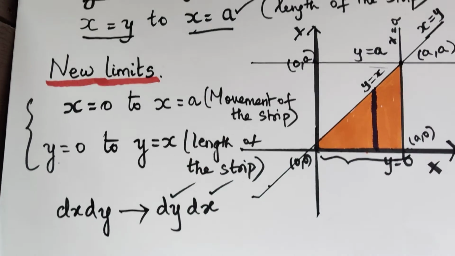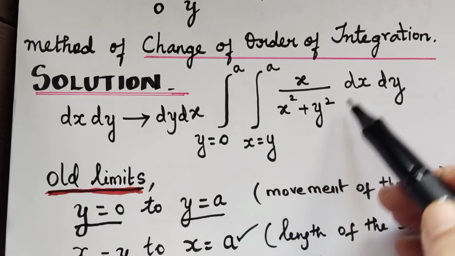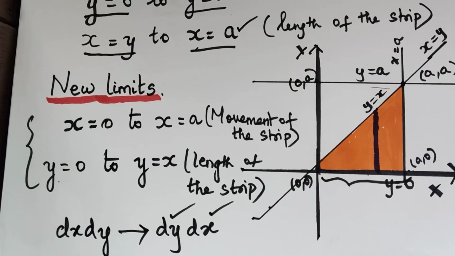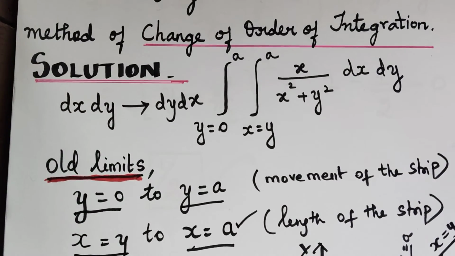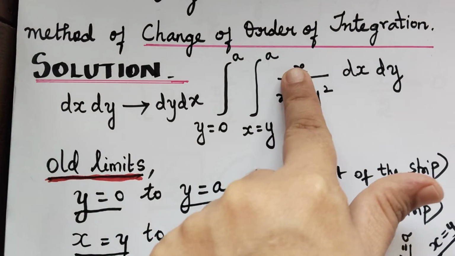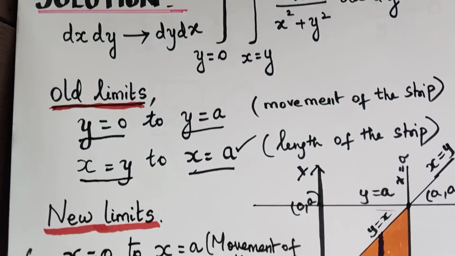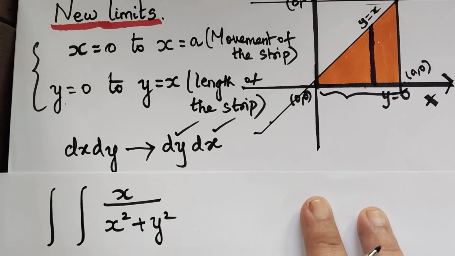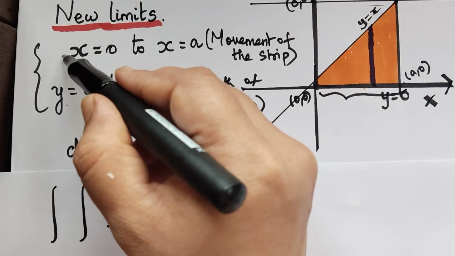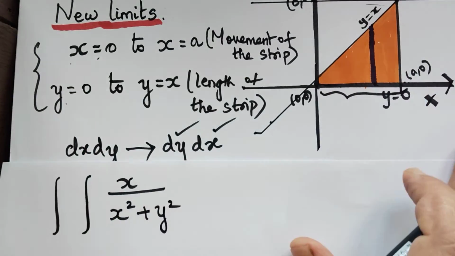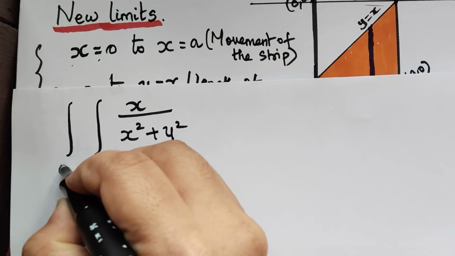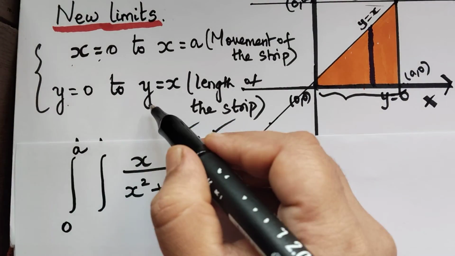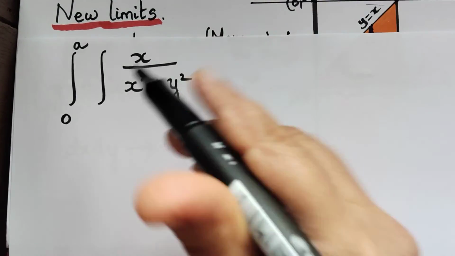So now we shall evaluate the given double integral with respect to the new limits. So now we will write this double integral with respect to this function, and then we will write the new limits. So I have written the function here. Now if you see, the outer limit is for x equal to 0 to a. And the inner limit is for y, which is 0 to x.